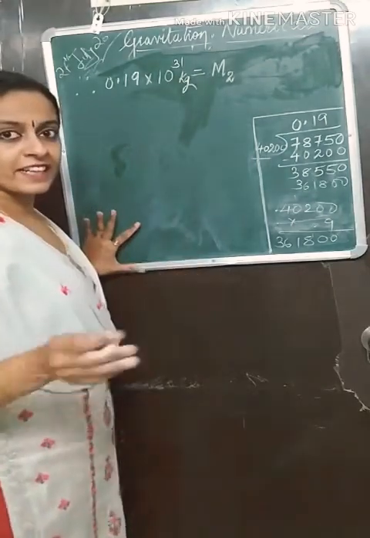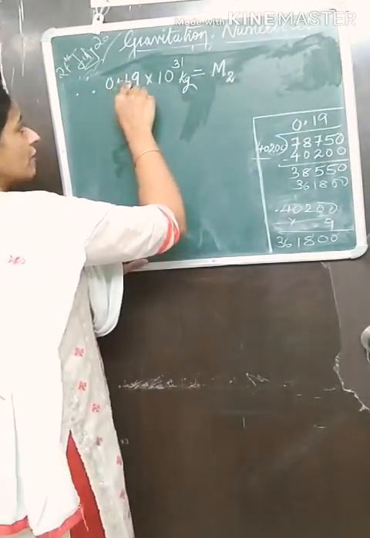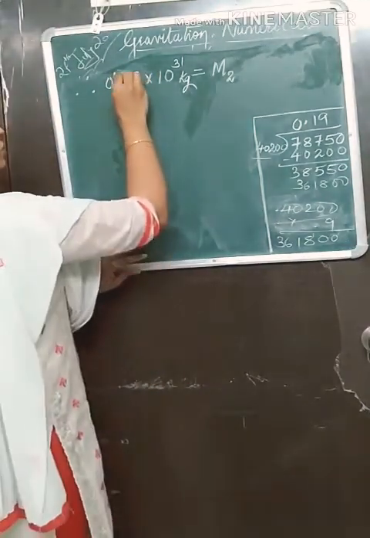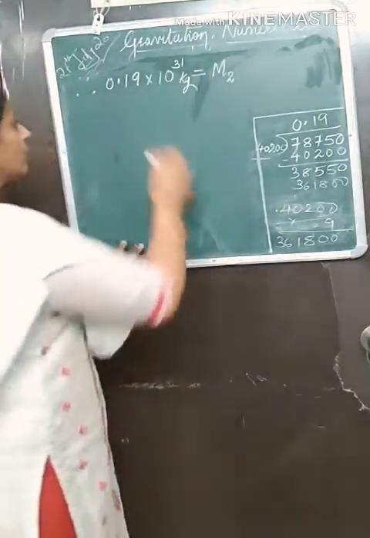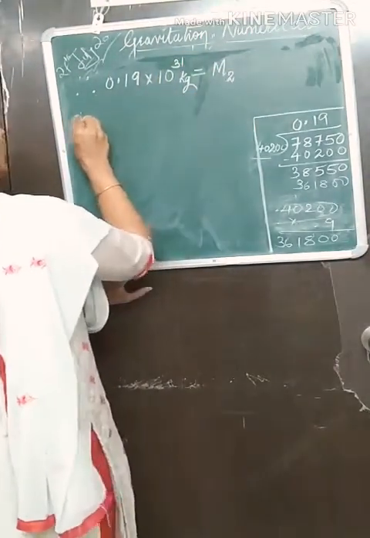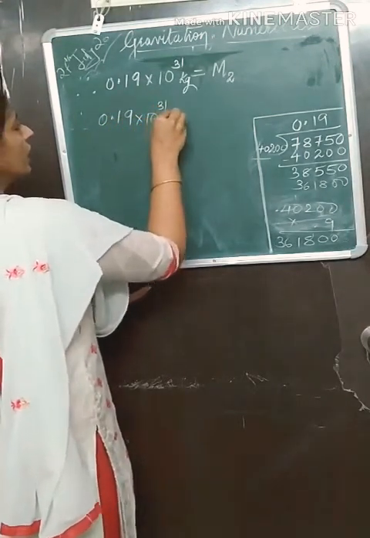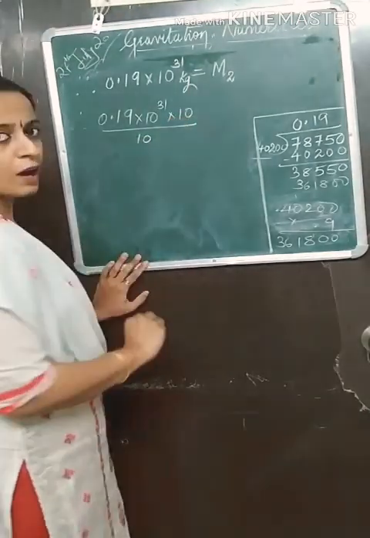Or you can write in the standard form. How I told you to write in standard form: we will take the decimal point towards the right. So to take it towards the right, you will have to multiply by 10, no? 1 digit. So I'll show it here. 0.19 into 10 raised to 31 into 10 upon 10. If I do into 10, I have to do upon 10.